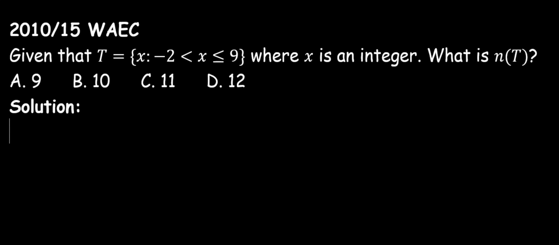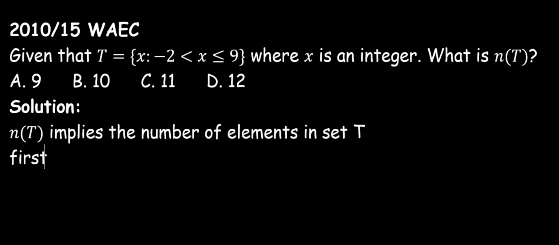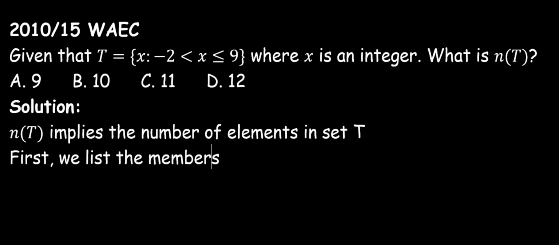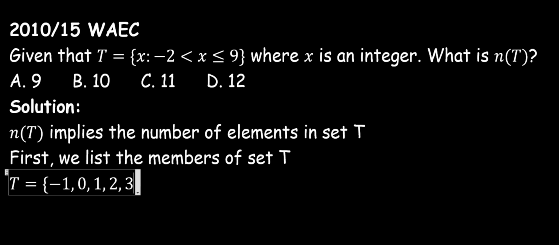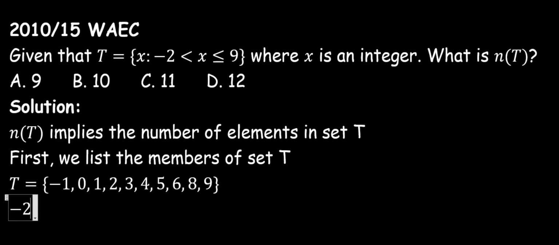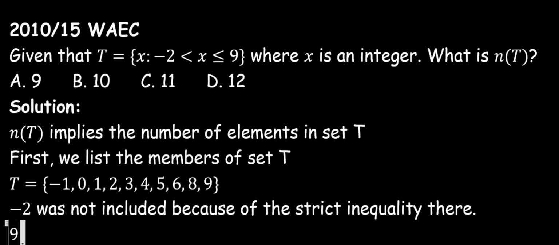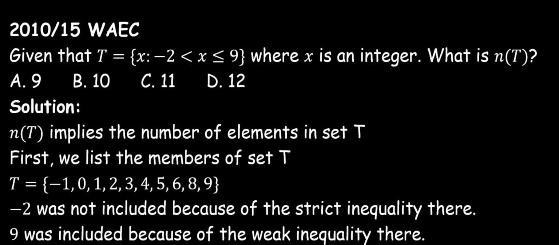Solution, n(T) implies the number of elements in the set T. First, we list the members of the set T. T equals {minus 1, 0, 1, 2, 3, 4, 5, 6, 8, 9}. Minus 2 was not included because of the strict inequality there. 9 was included because of the weak inequality there. Thus, n(T) equals 11.